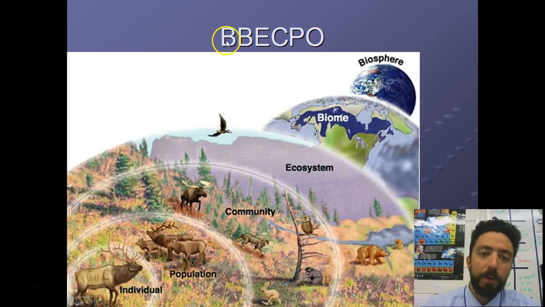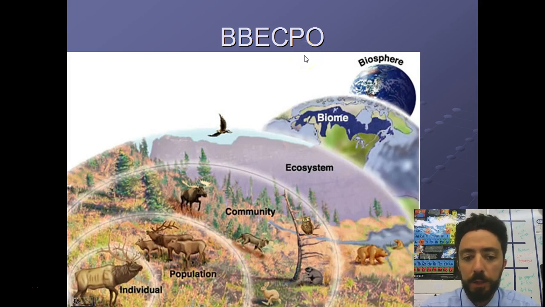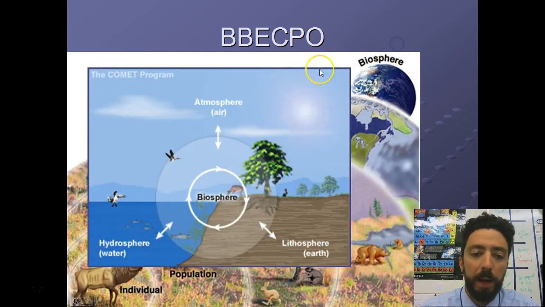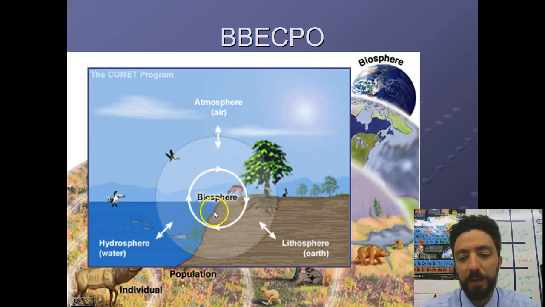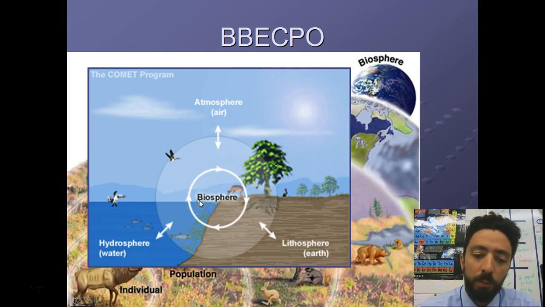This nice little acronym, BECPO, is a good way to think of the organization of life. And so our largest part of the organization here is the biosphere. And the biosphere is a combination of these other spheres, and it's kind of the living things on top of them or within them that rely on them.